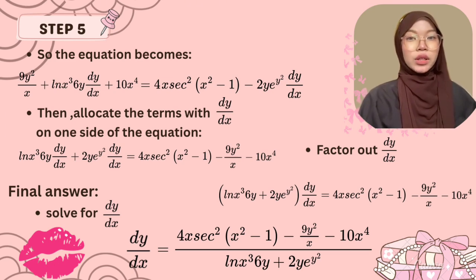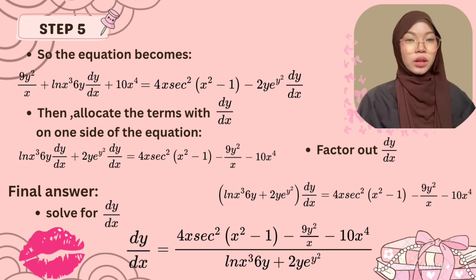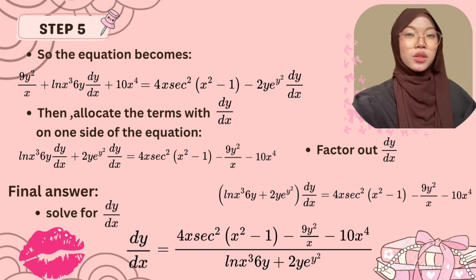Then we need to factor out dy/dx. It becomes (ln x^3 6y plus 2y e^(y squared)) dy/dx equals 4x sec squared (x squared − 1) minus 9y squared over x minus 10x^4.